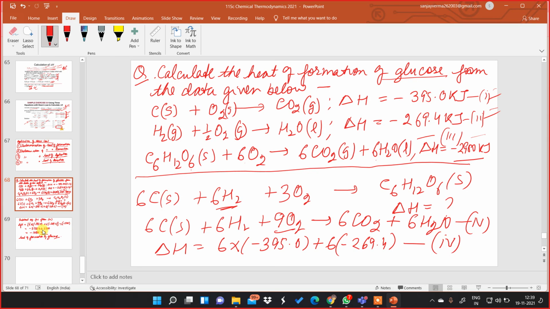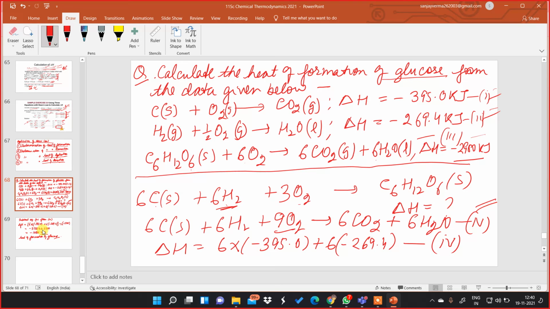Then frame this equation. To form glucose, we need to react carbon, hydrogen and oxygen and balance the equation. After that, we make equation 4. When carbon, hydrogen and oxygen react, they form carbon dioxide and water. So we multiply equations 1 and 2 by 6 and add them to get equation 4.